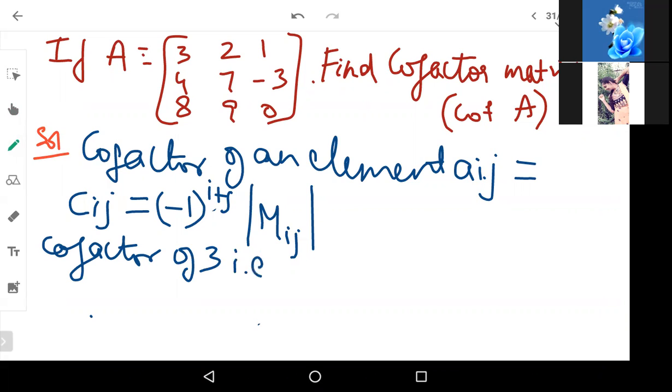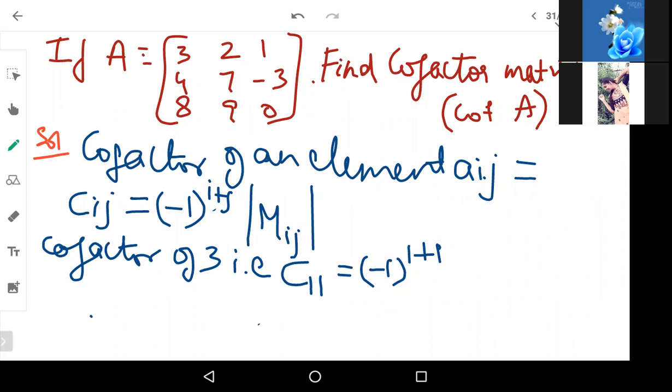Which row is 3 placed in? First row. And which column? First column. So first row, first column. So C11 is equal to -1 to the power first row plus first column.